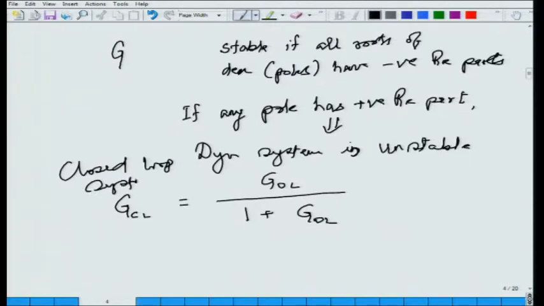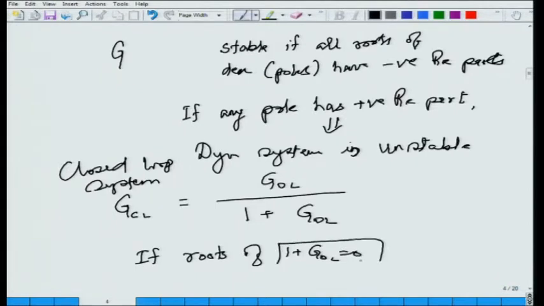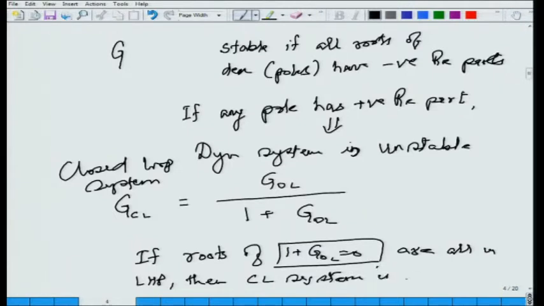Now, if you look at g open, what this means is, if the roots of 1 plus g open loop equal to 0, of this equation, are all in the left half plane, that means they have got negative real parts, then the closed loop system is stable.